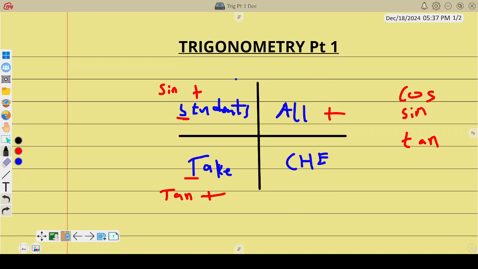And then in the last one, we are saying all students take chemistry. So in the last one, C is for cos. So in here, cos is the only trigonometric ratio that is positive in the fourth quadrant. So that's the introduction to quadrants.